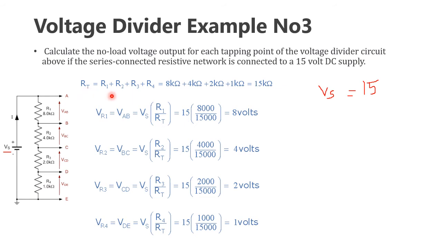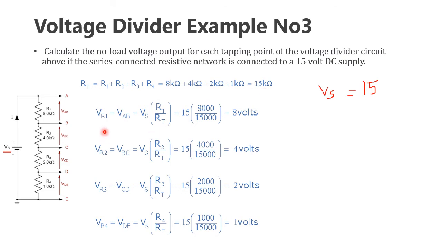RT will be equal to R1 plus R2 plus R3 plus R4. Here R1 is 8 kilo ohm, R2 is 4 kilo ohm, R3 is 2 kilo ohm, and R4 is 1 kilo ohm. Altogether it will be 15 kilo ohm or 15,000 ohm.